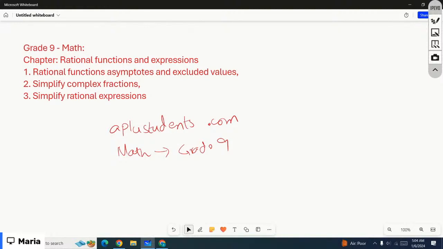We're going to start with the chapter rational functions and expressions. The lessons we're going to cover today are rational functions, asymptotes, and excluded values, simplify complex fractions, and simplify rational expressions.